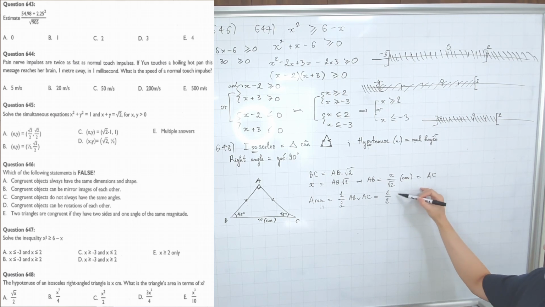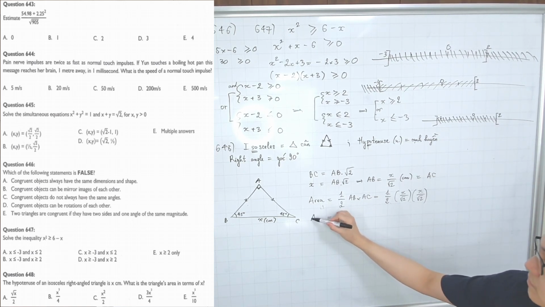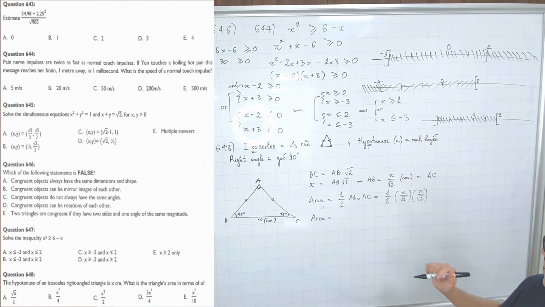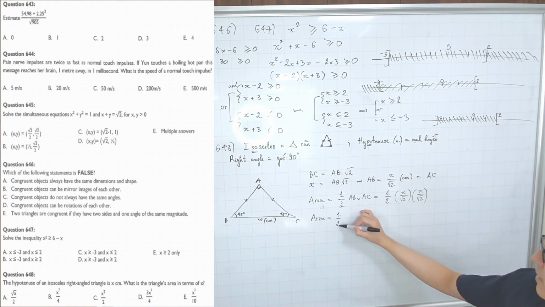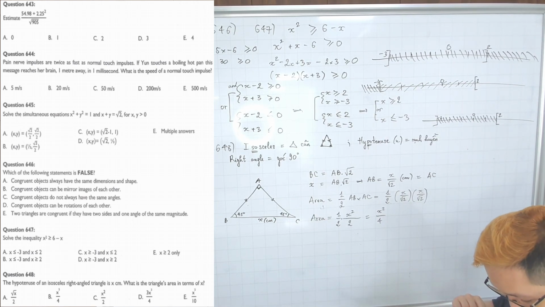So half of x over square root of 2 times x over square root of 2 is equal to half x squared divided by 2, which is x squared divided by 4, right? B.